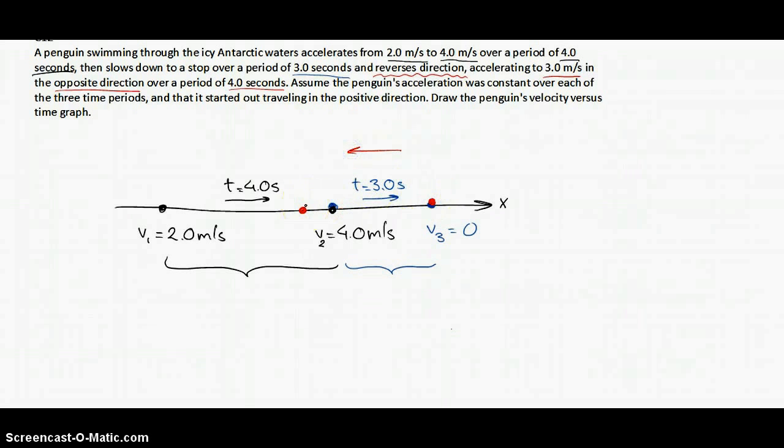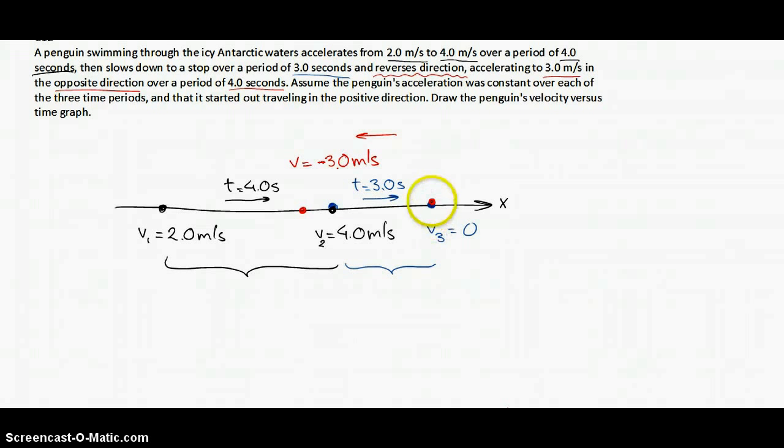Okay? So the penguin moves now from this point to this point where its velocity becomes 3 meters per second in the opposite direction, which means the velocity is negative because we're going towards the negative direction.